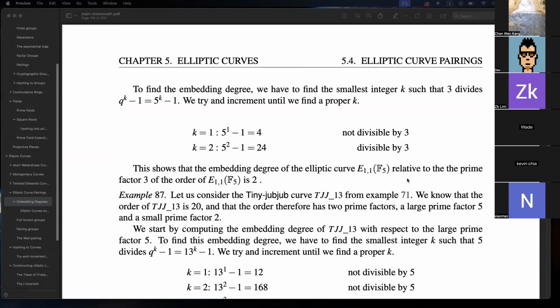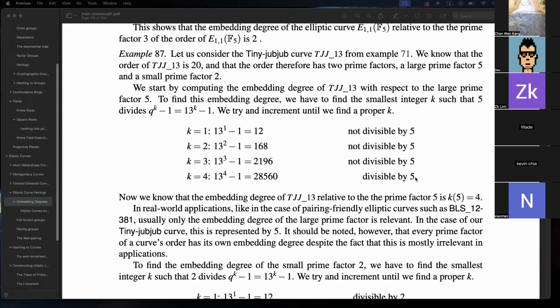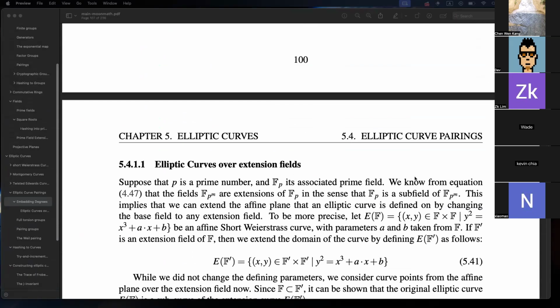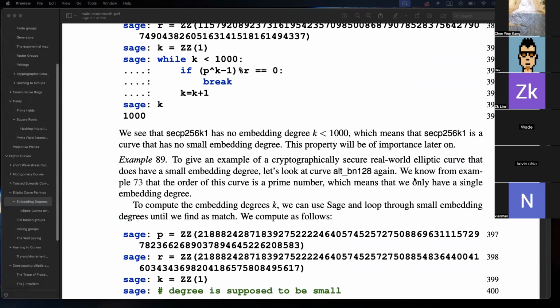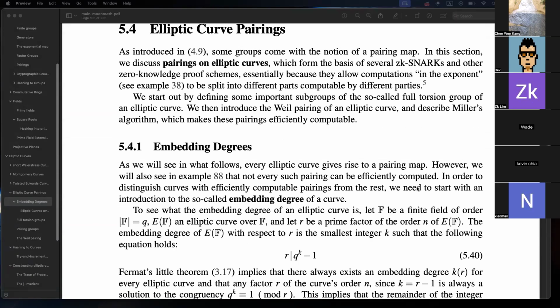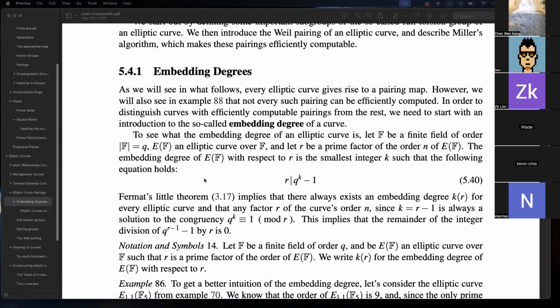I'm not sure if there is a, so to say, best. I think yes, the smallest is essentially what we want to find. But from what I've learned and understand, depending on what properties you want your curve to have, you want to choose a curve with different embedding degrees.